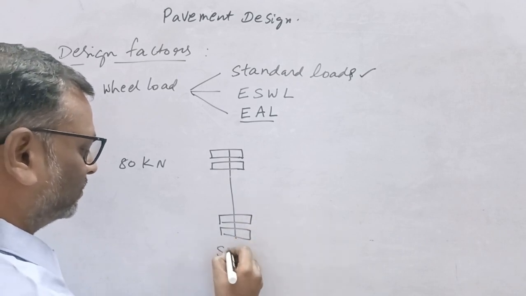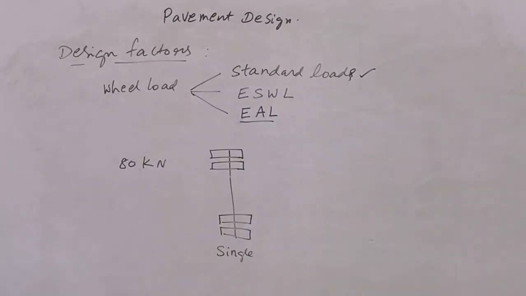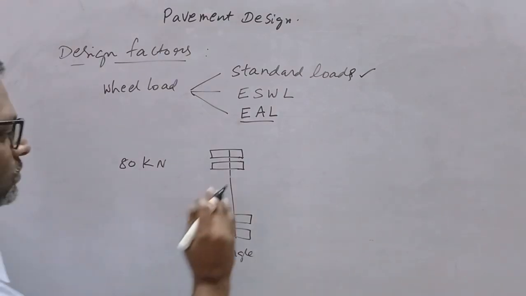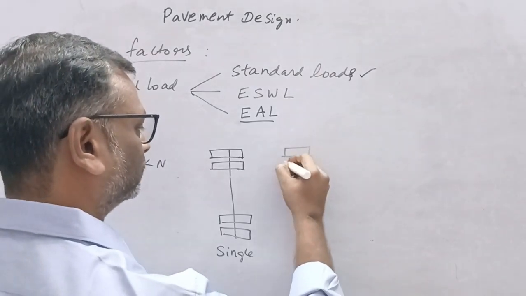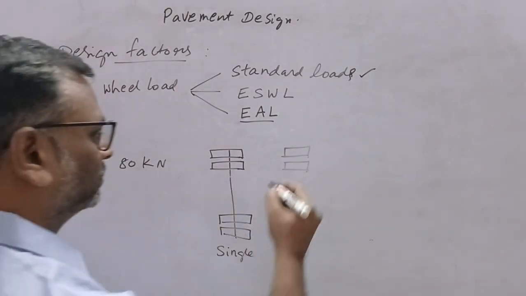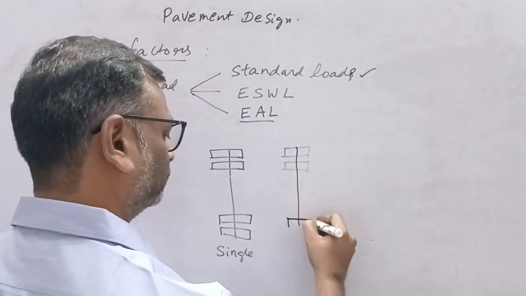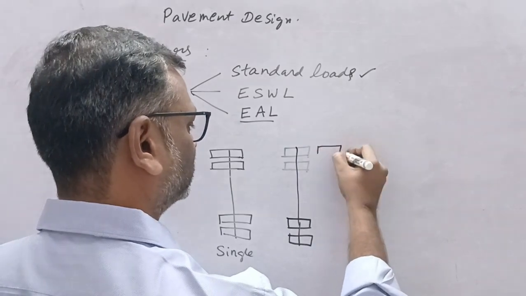This is a single axle. In a tandem axle, we have two assemblies, two single axles side by side.